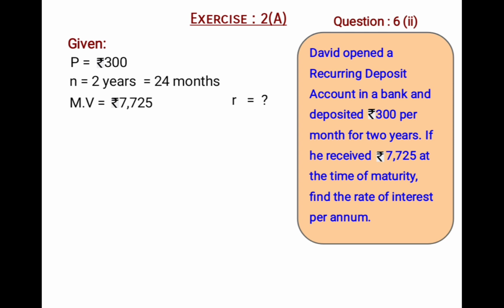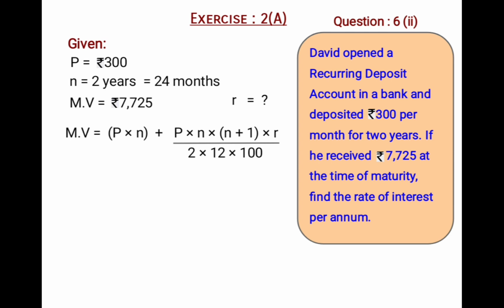As we know, we want to write the MV formula, then we want to substitute the values. 7,725 is equal to 300 into 24 plus 300 into 24, 24 plus 1, that is 25, into R, whole divided by 2 into 12 into 100.